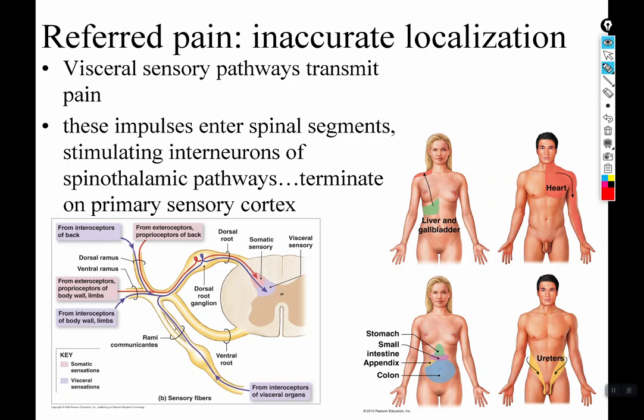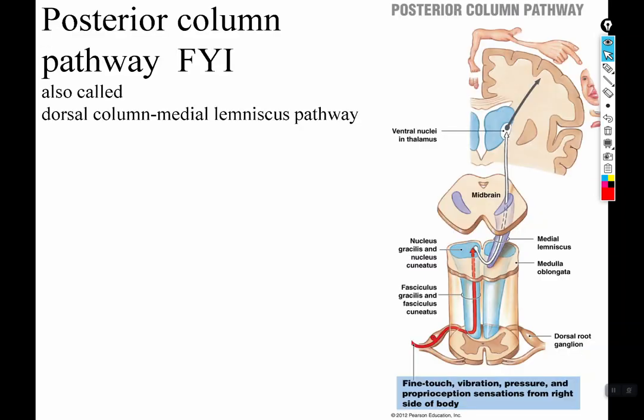So they stimulate interneurons and end up in the spinothalamic pathway, which you may remember is for pain and temperature, and then they get sent to the appropriate cortical location, which is unfortunately incorrect. So that's what referred pain is. So again, FYI.